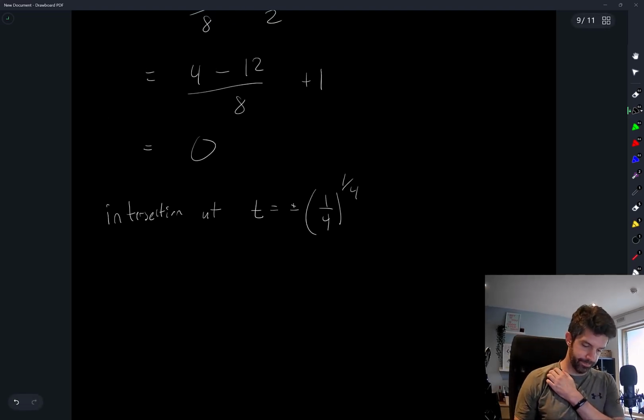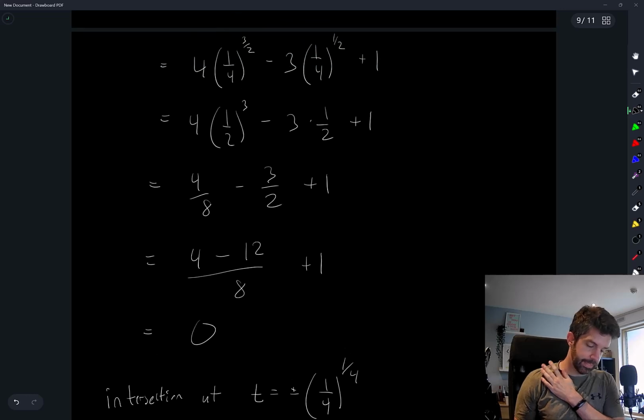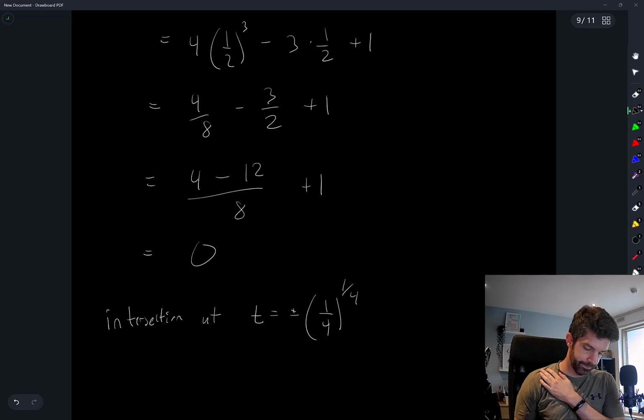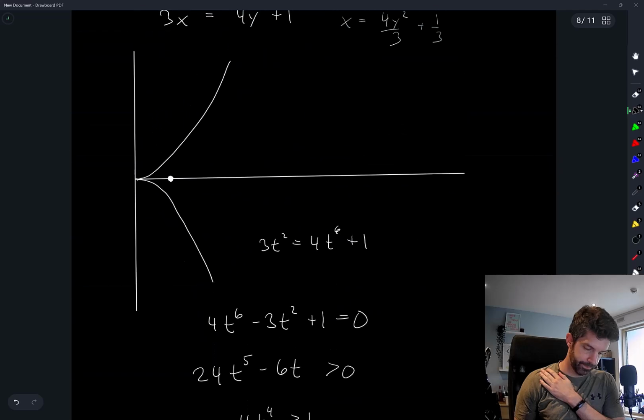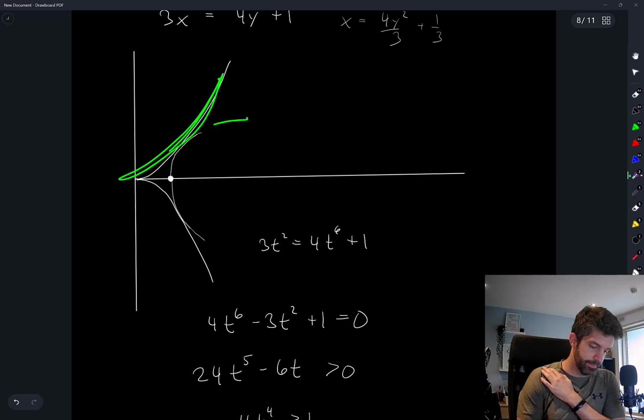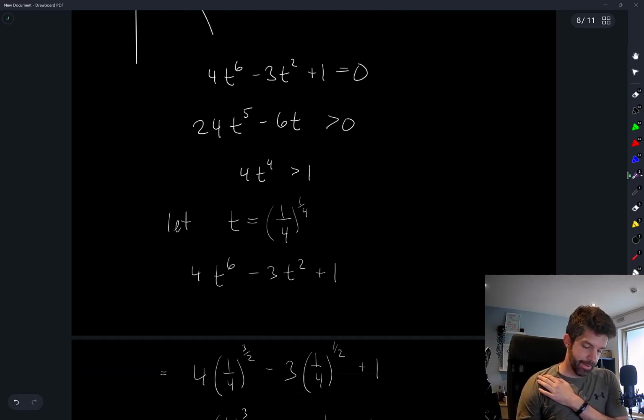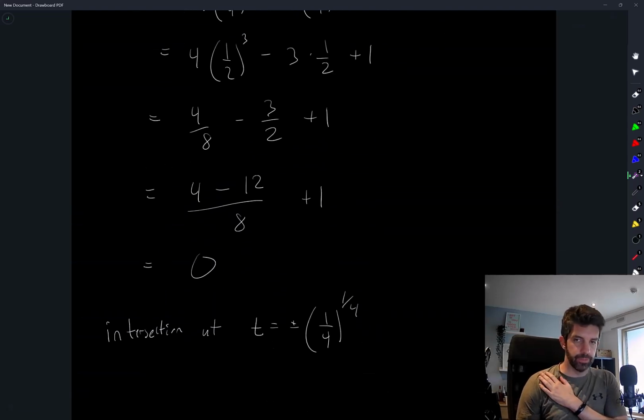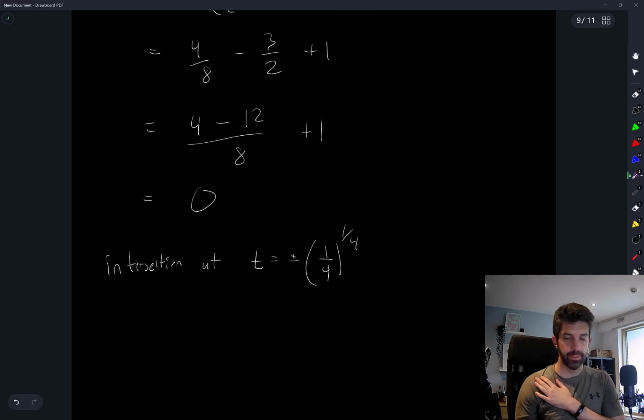I think I did that right. So in fact, I guess that means they must intersect. They intersect tangentially, because one of them curves this way, and the other is curving that way. If they ever crossed somewhere, they would cross again. I'm not going to sketch them precisely, but yeah, they do meet.